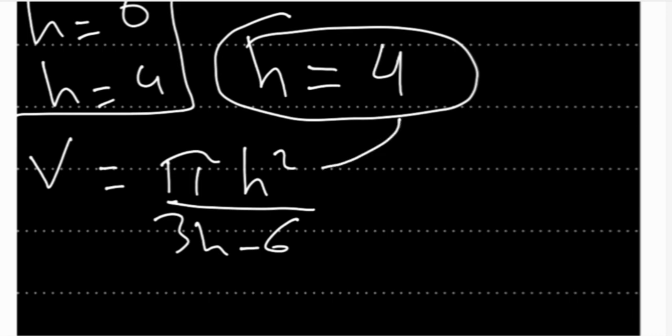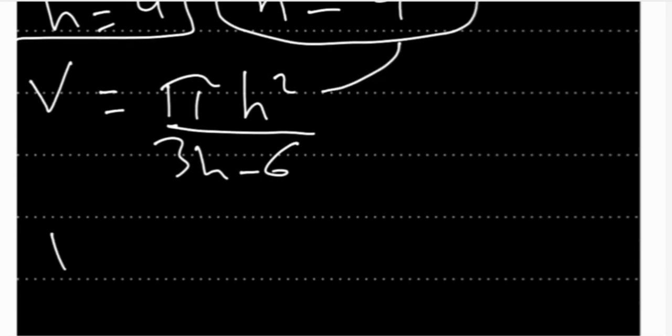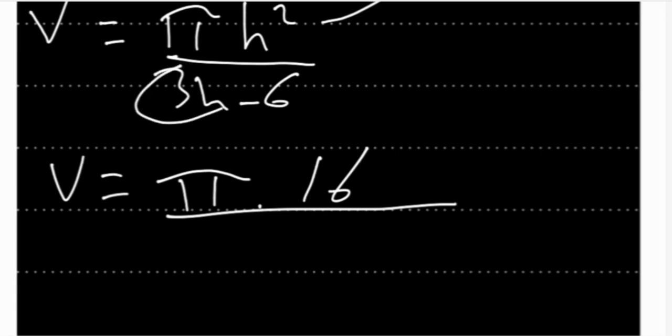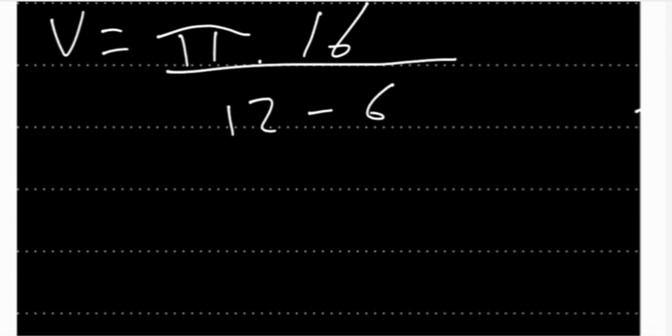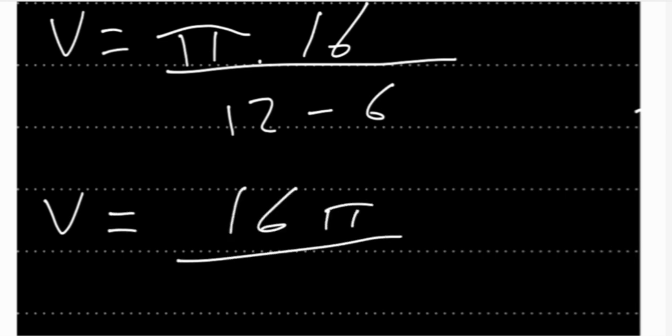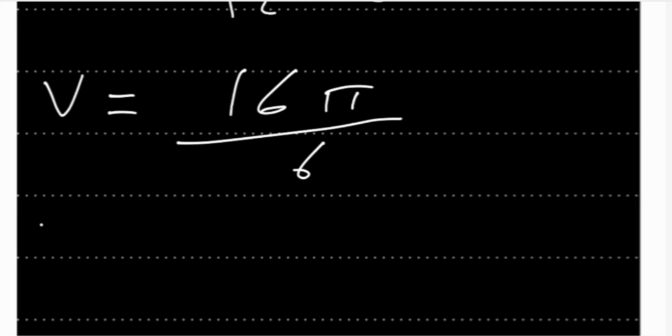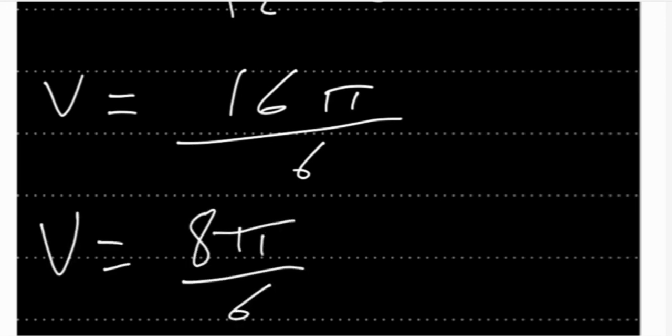So we just plug it in here to find the minimum volume, okay? So V is equal to p multiplied by h² is 16, 3 multiplied by 4 is 12, minus 6 is 6. So we'll have that V is equal to 16p. 12 minus 6 is 6, so V is equal to 8p divided by 6. So this is our answer.